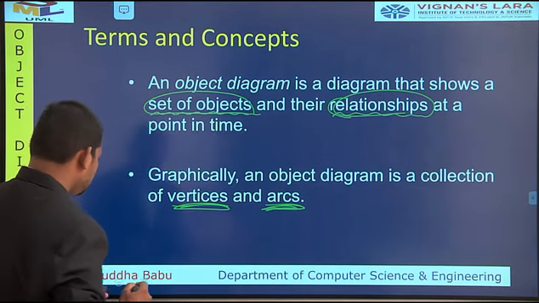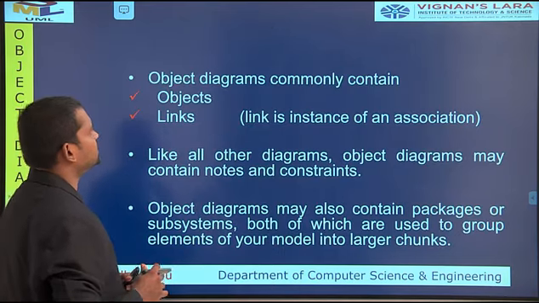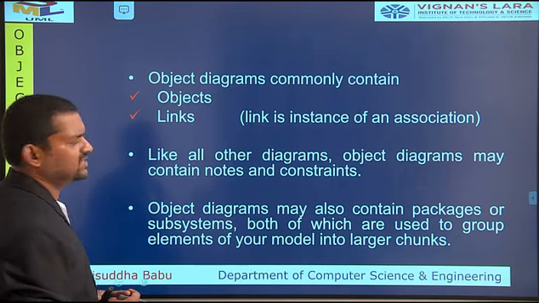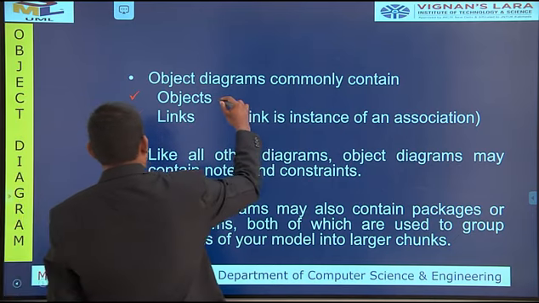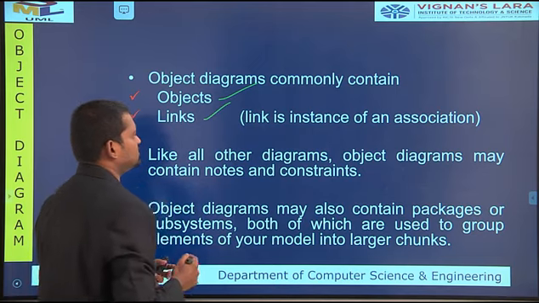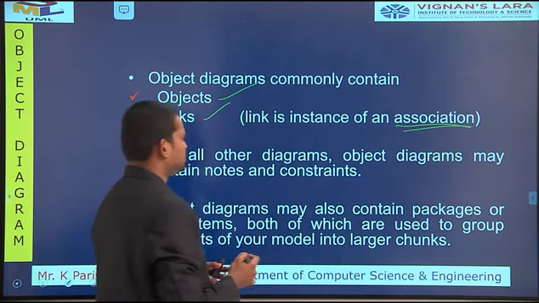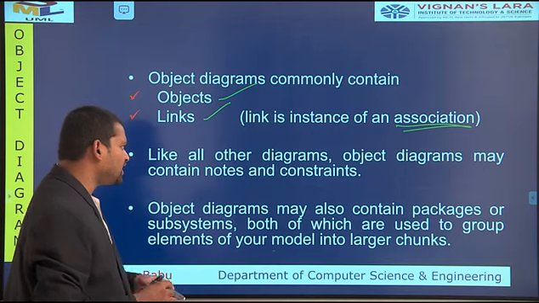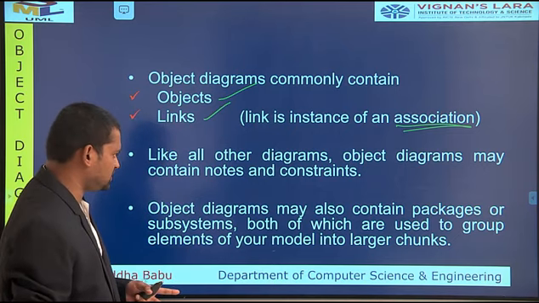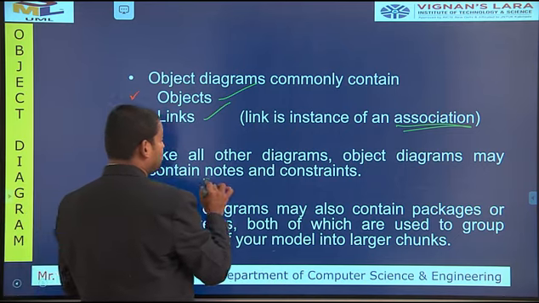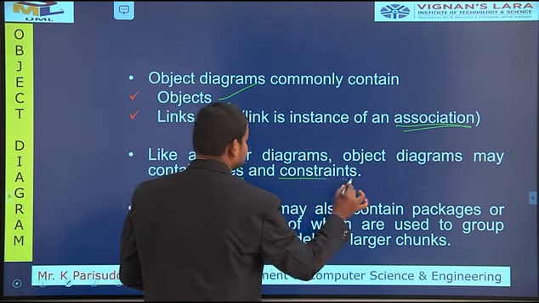These are the different kinds of things object diagrams commonly contain: objects and links. A link is nothing but an instance of an association. Like all the other diagrams, an object diagram may contain notes and constraints.